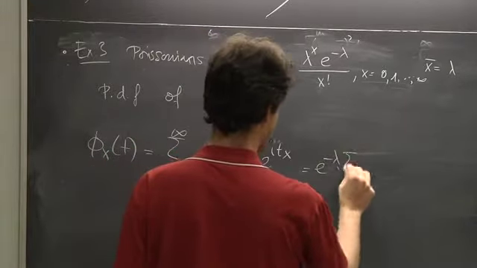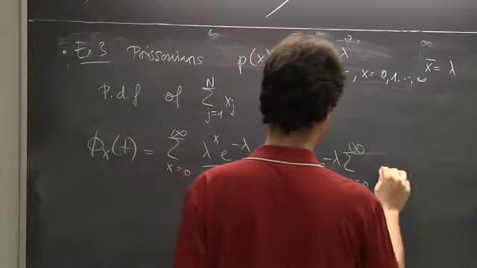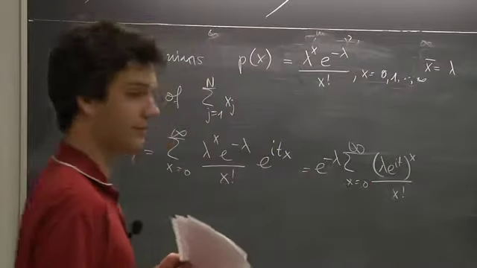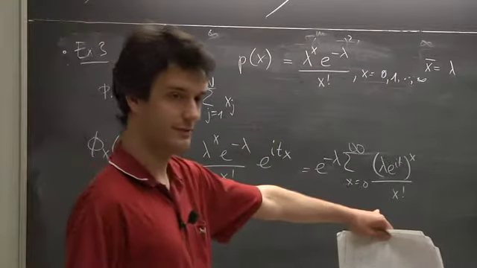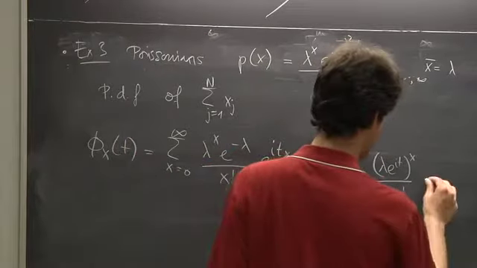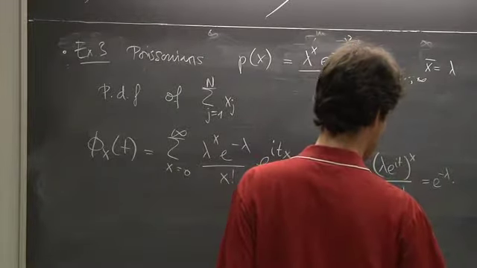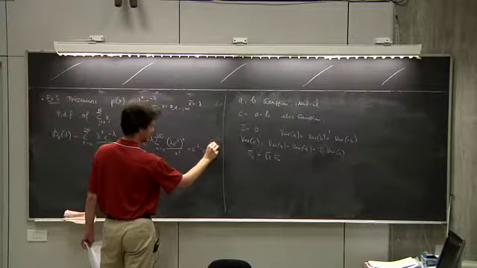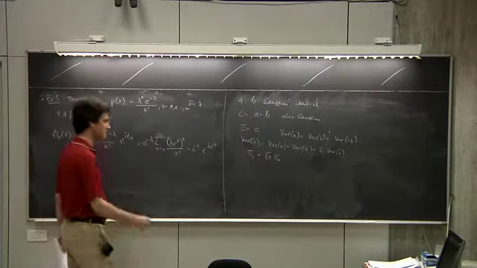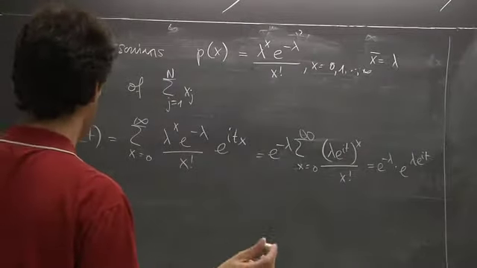Okay, let me write it. An exponential in the exponential. Looks a bit funny, but nothing dramatic, right? Okay, good. So that's the characteristic function of a Poissonian.